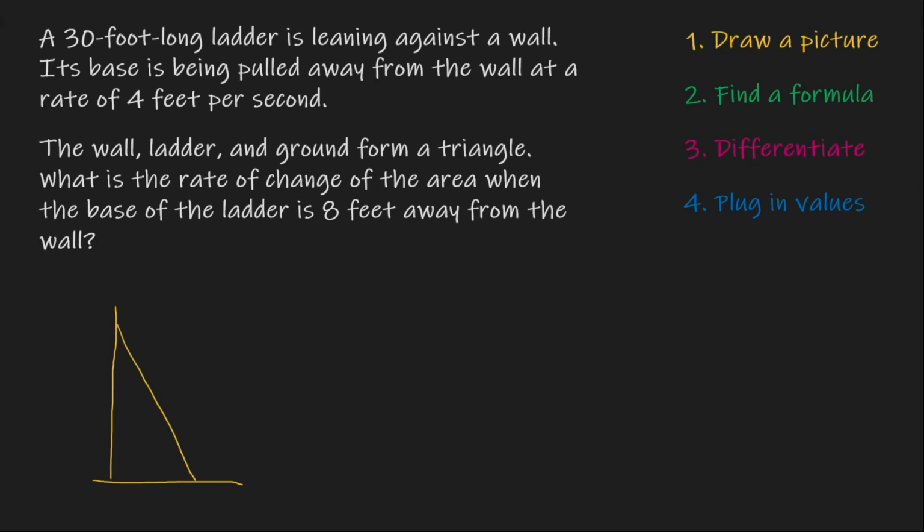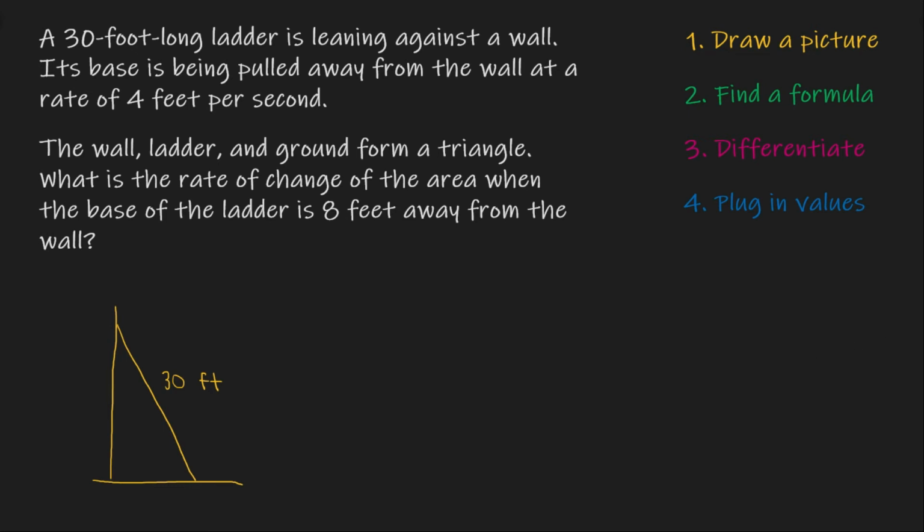So just like last time, let's label our values. A 30-foot long ladder, so we know that this value is going to be 30 feet. And again, since it's an object, this value is going to remain constant. It's never going to change. Then we have the base is being pulled away from the wall at a rate of 4 feet per second. So that is referring to this distance right here.